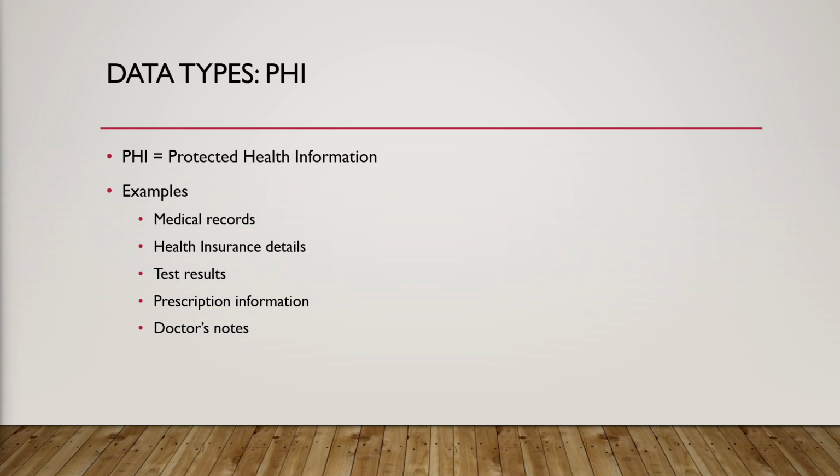That's in the US only, but it tells us how healthcare providers and organizations must store, process, and share PHI data. PHI data could be medical records, health insurance details, test results, prescription information, doctor's notes, anything that can be traced back to health-related information.